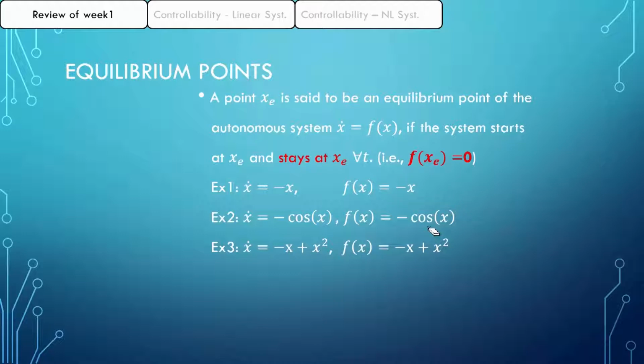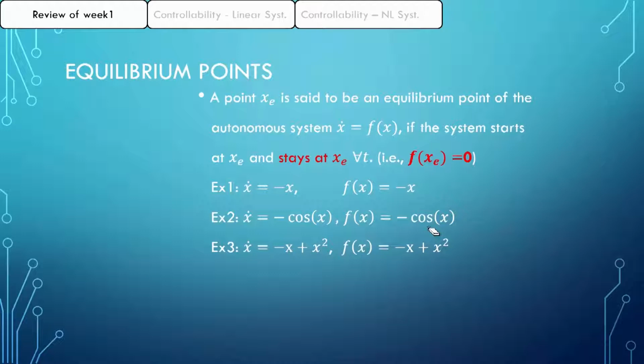For the first example, here you can see a first order differential equation. It's a linear ODE, first order. Given this system, you should be able to determine where the equilibrium points are.